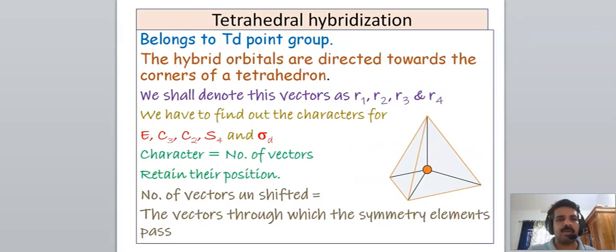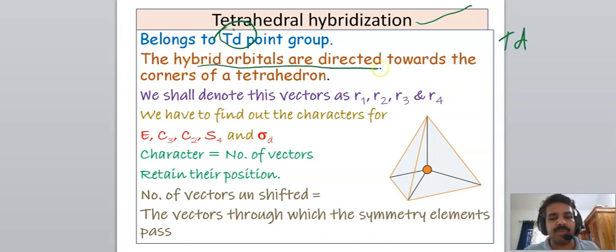First, we are going to discuss tetrahedral hybridization. We know that it belongs to the tetrahedral point group, Td. The hybrid orbitals point towards the corners of a regular tetrahedron.